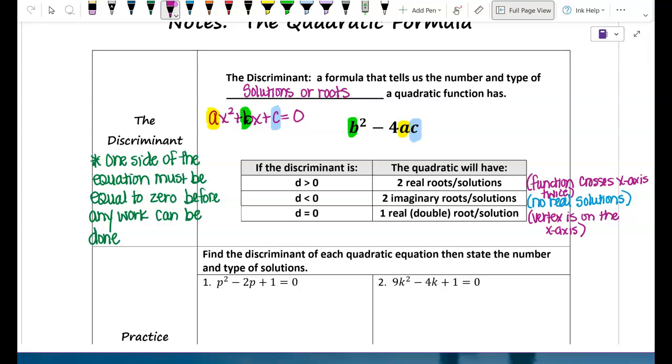One real solution means that my vertex is on the x-axis, and no real solutions or two imaginary solutions means that my function does not cross the x-axis. So it's important for me to understand what that is telling me. But again, we have to have one side equal to 0 before we can put that into work.